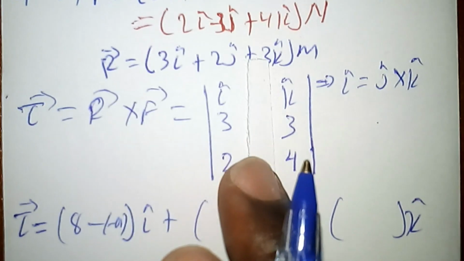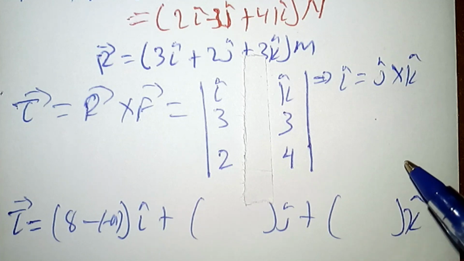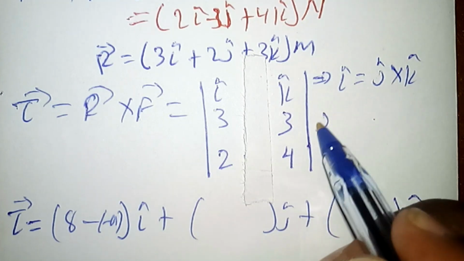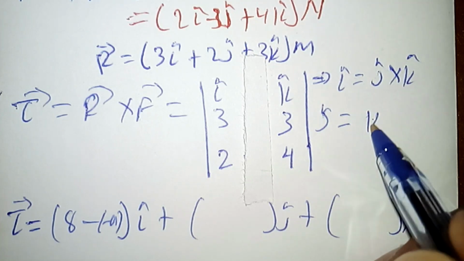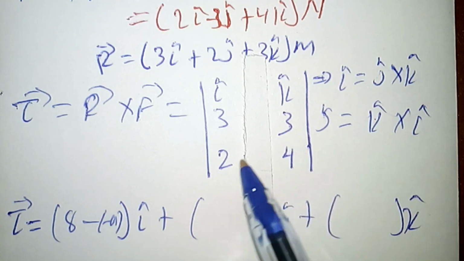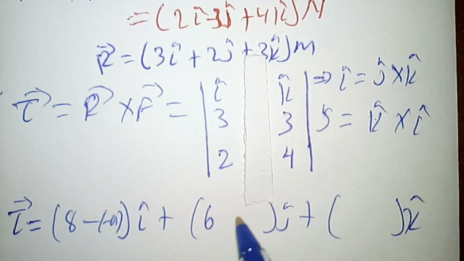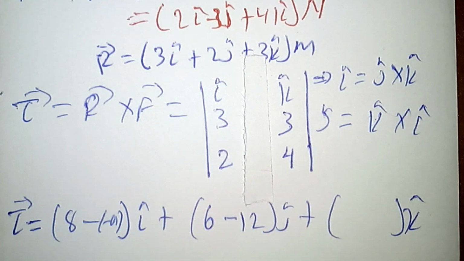And for the j term, we can cover the j column. Then j is k cross i. So k cross i is 3 times 2, which is 6, minus 3 times 4, which is 12.